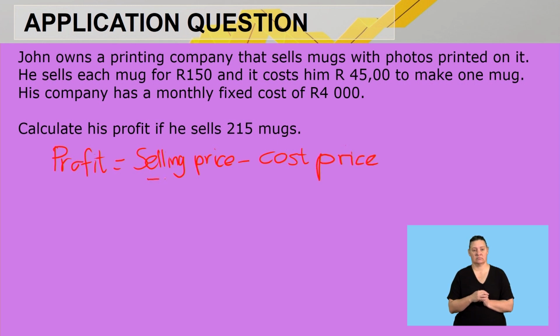So that means first we need to calculate our selling price and our cost price, and then we need to deduct the one from the other. And what are we using as the variable?